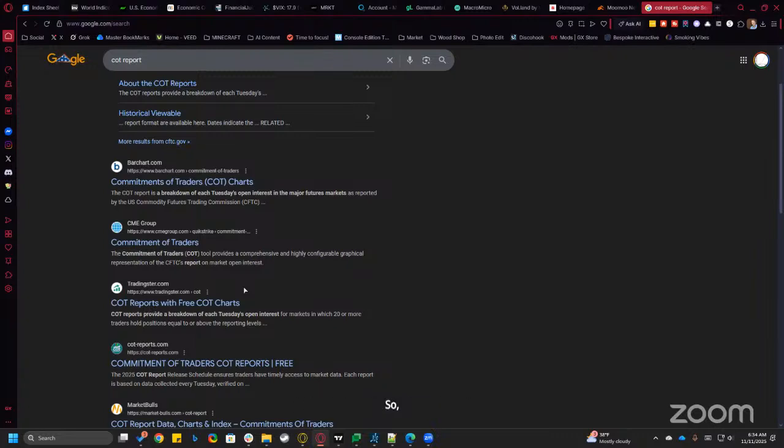So you want something that's going to clean that data up and put it into something interactive, some kind of graph or chart or something. And Tradingster does a relatively decent job of that. When you go there, you got a lot of choices. You can see how much is allocated into Bitcoin or the NASDAQ or the ES.